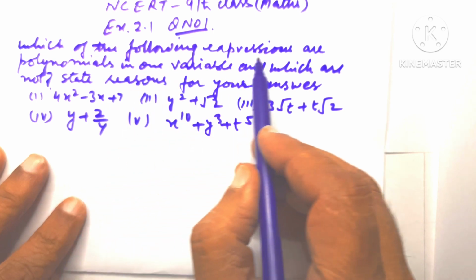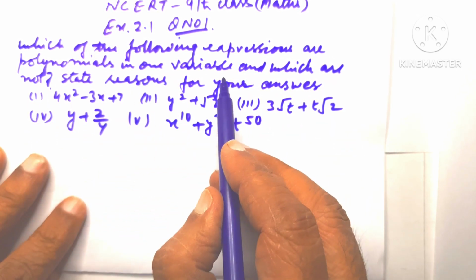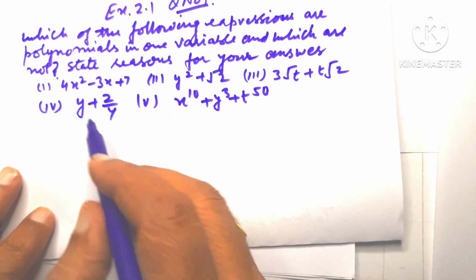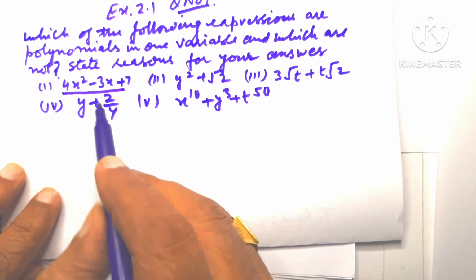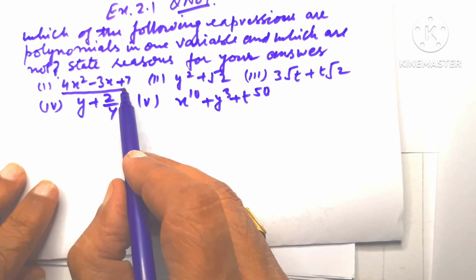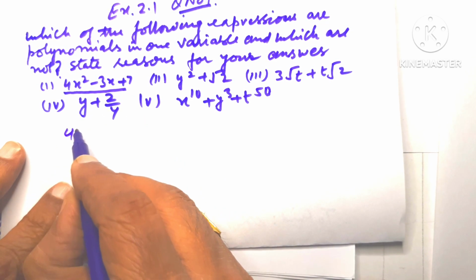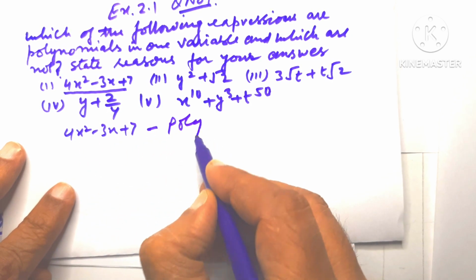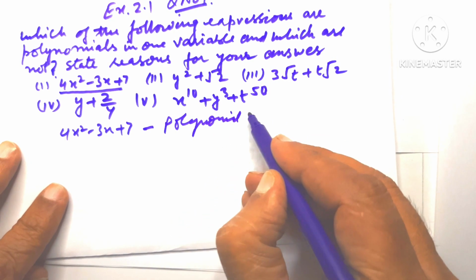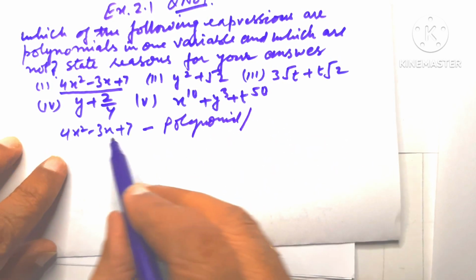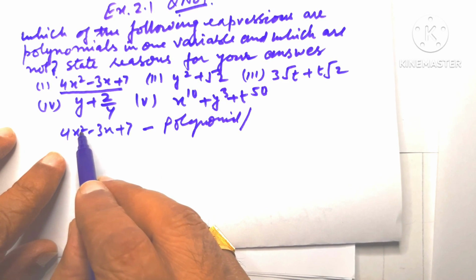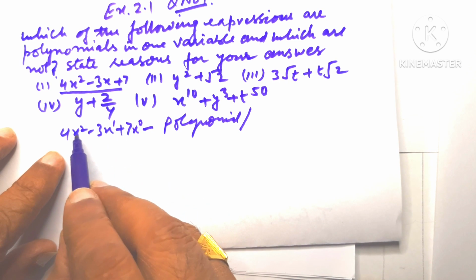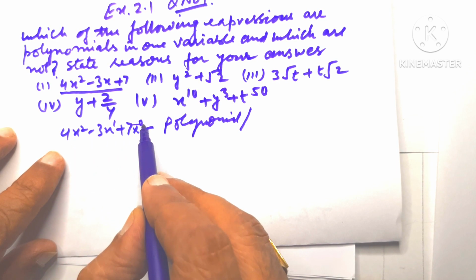Which of the following expressions are polynomials in one variable? Which are not? State the reason for your answer. First is this: 4x square minus 3x plus 7. This is a polynomial because the exponent of the variable, the power of the variable, is in whole numbers.